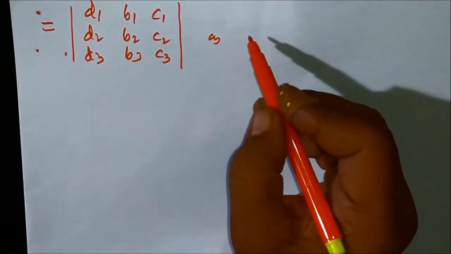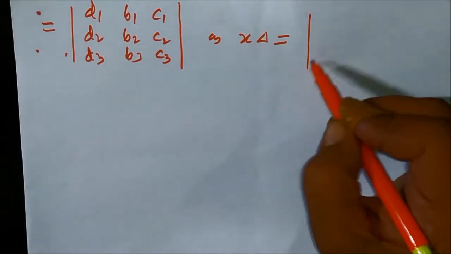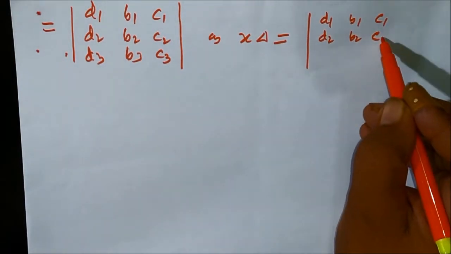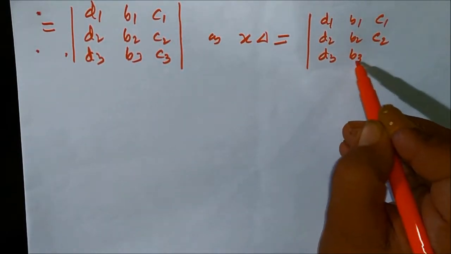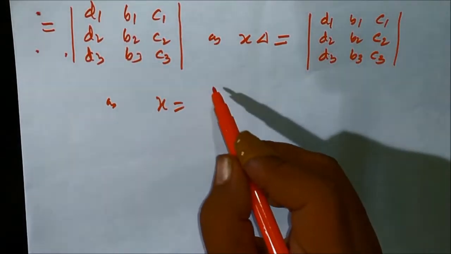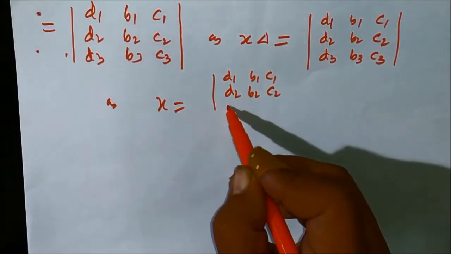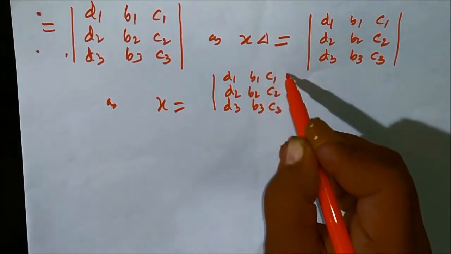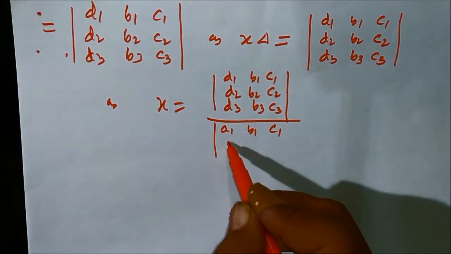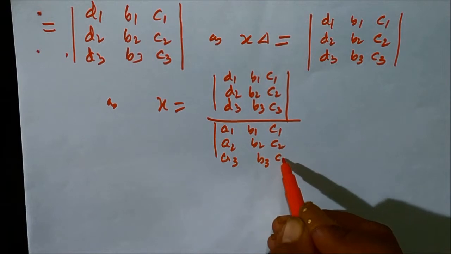So x delta equals the determinant d1, b1, c1, d2, b2, c2, d3, b3, c3, or x equals that determinant divided by delta, which is a1, b1, c1, a2, b2, c2, a3, b3, c3.